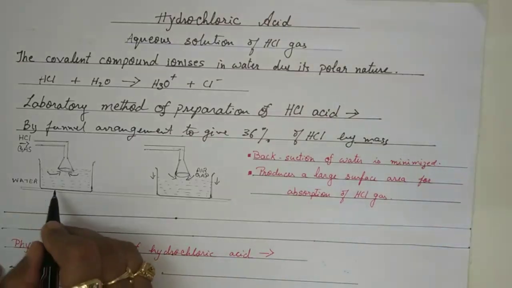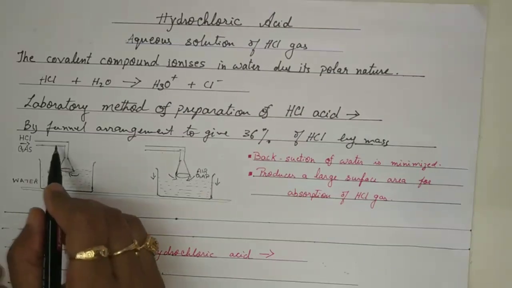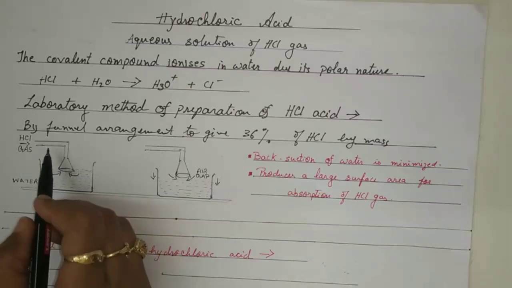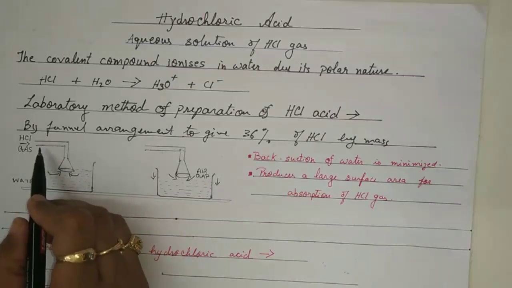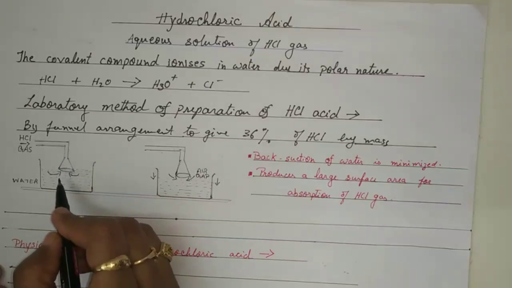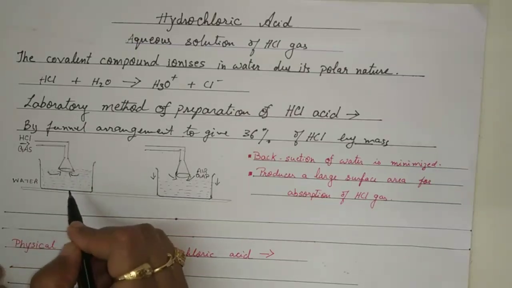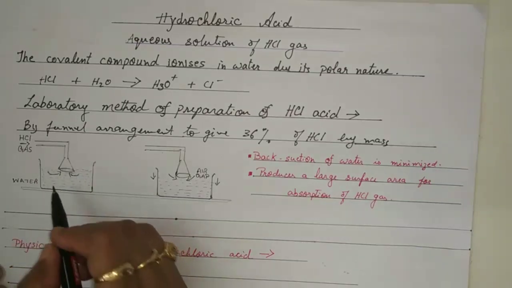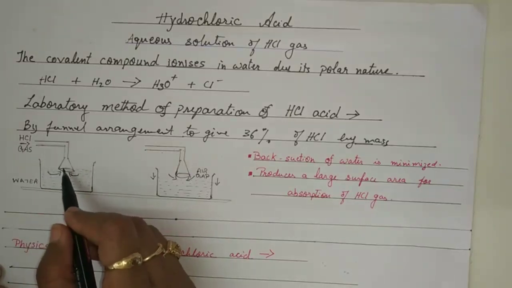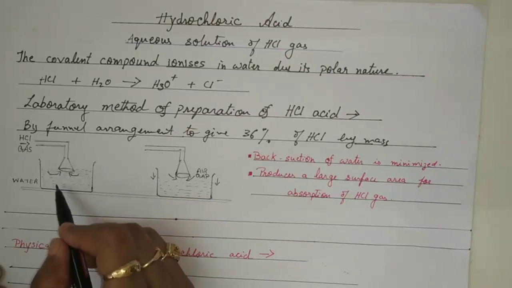I have already drawn the diagram here, which shows the beaker with water and one inverted funnel. Here the inverted funnel is actually connected to the hydrogen chloride gas supply, and it is placed in such a way that it just touches the water level, that is the water kept in the beaker. Since HCl gas is heavier and highly soluble in water, the water rises in the funnel.